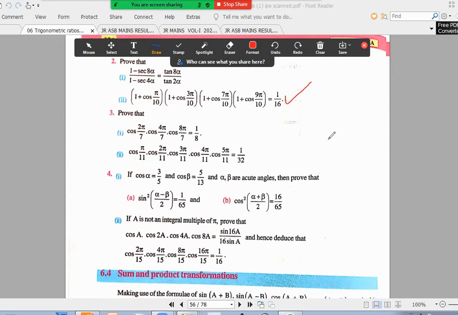Okay, the second one also is a very frequently asked question. One plus cos pi by 10, 1 plus cos 3 pi by 10, 1 plus cos 7 pi by 10, and 1 plus cos 9 pi by 10.